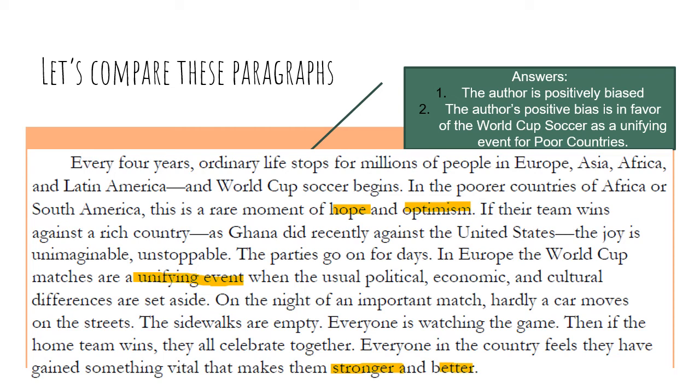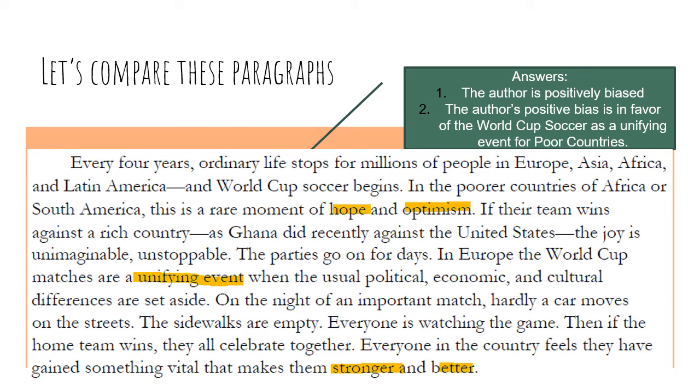So, pay attention to these words. These words have positive meaning, right? And they reveal the author's positive bias. That is why the answer for the first question is it is biased, because the author is positively biased.